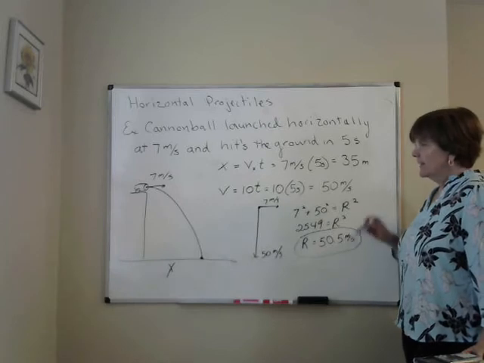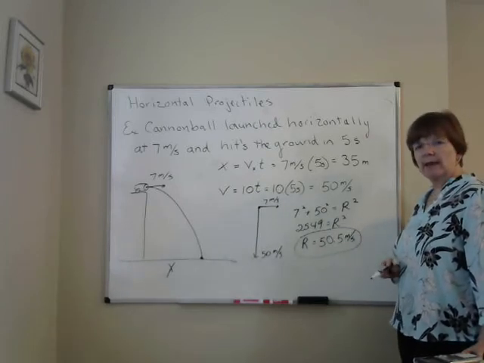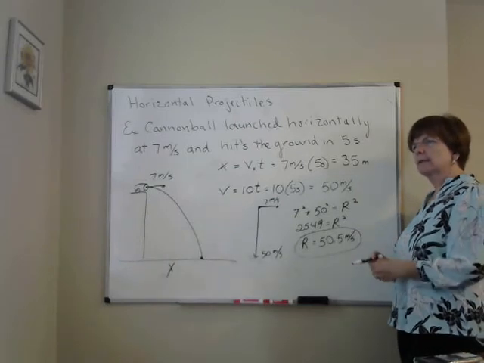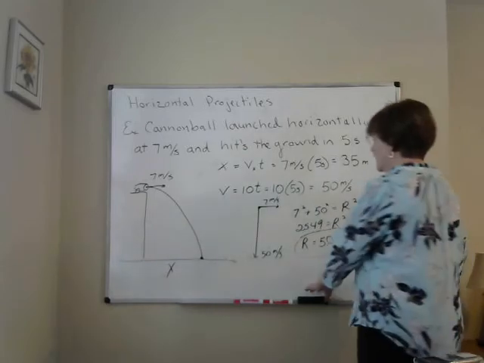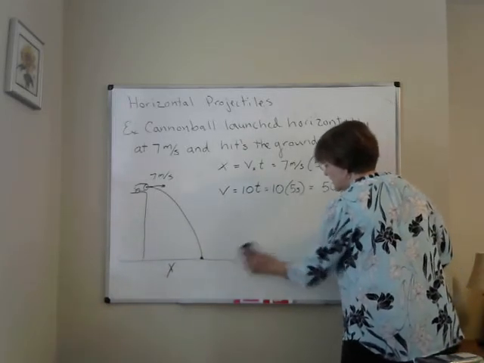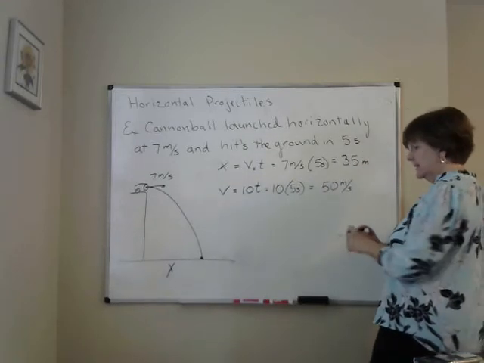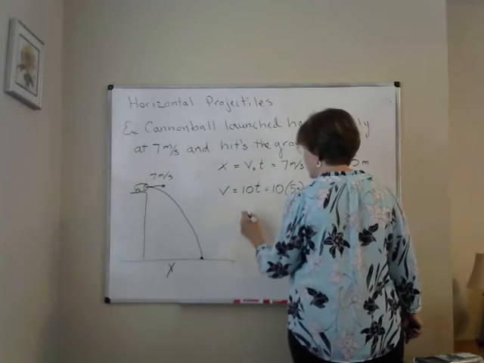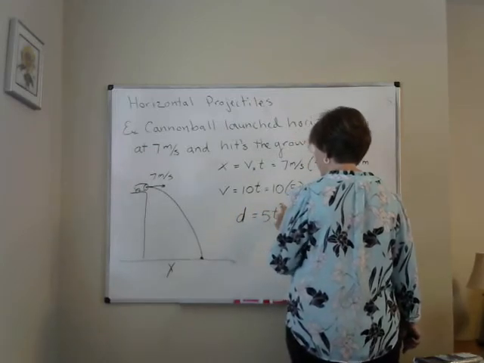The other thing we can answer about this is how tall the cliff had to be. How high is the cliff if it takes 5 seconds to fall? Well, it's exactly like free fall. We know that the distance something drops is 1/2 g t squared, or the distance it drops is 5t squared.